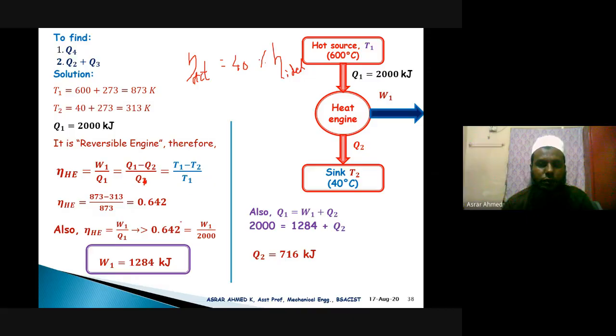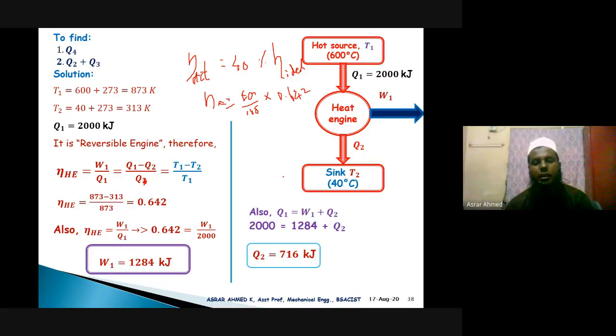What does it mean? The efficiency of actual equal to 40 by 100 into efficiency of ideal, which is 0.642. So you'll be getting actual efficiency. By finding this way you can find the actual efficiency.